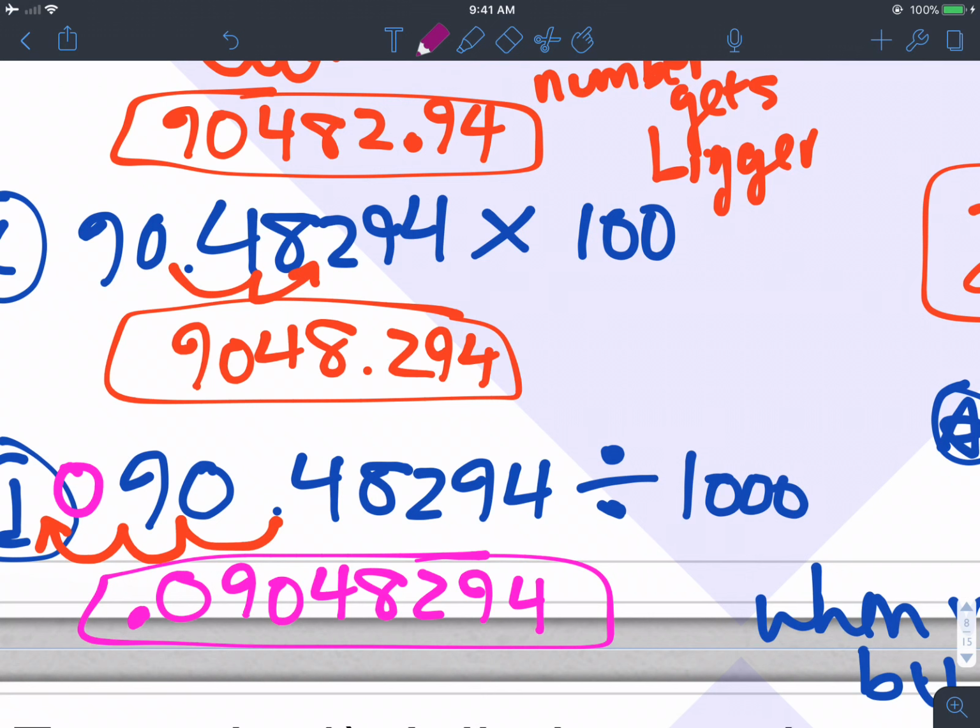Because if you're multiplying by a really big number, you might end up adding zeros to the right. So say, for example, 90.4 times 10,000. Right? You're going to go 1, 2, 3, 4. And now I have to add 3 zeros as placeholders.